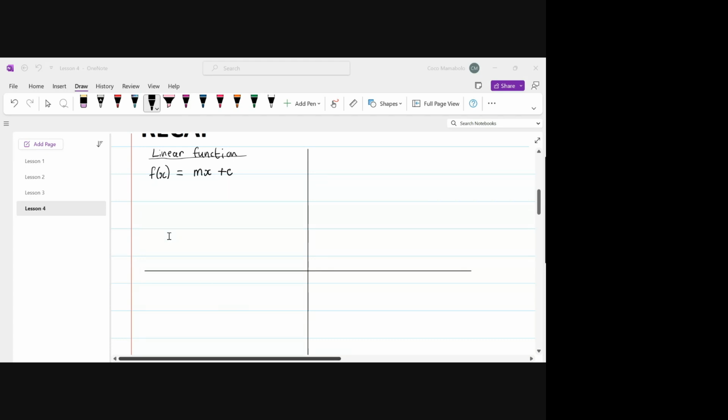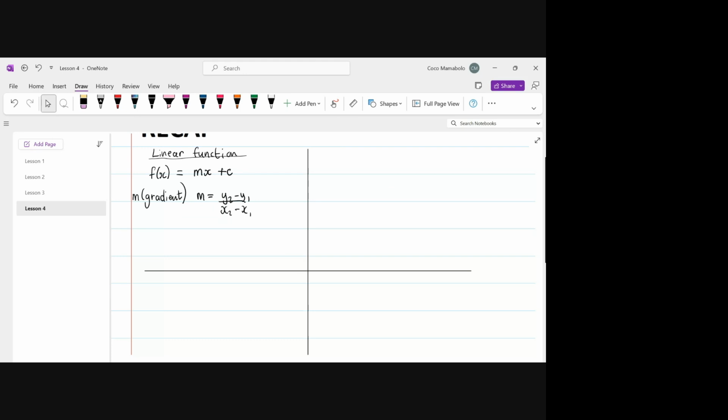So we know that M stands for the gradient, and M is equal to y2 minus y1 over x2 minus x1.